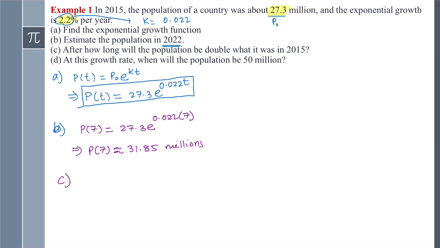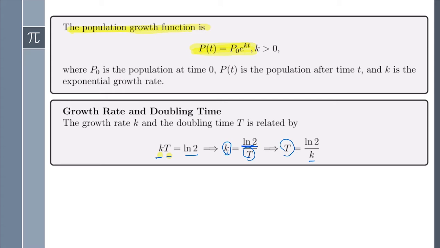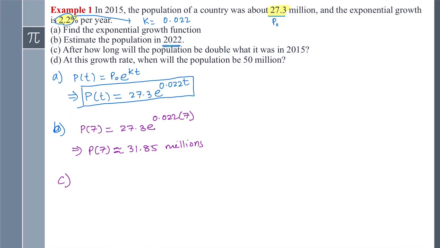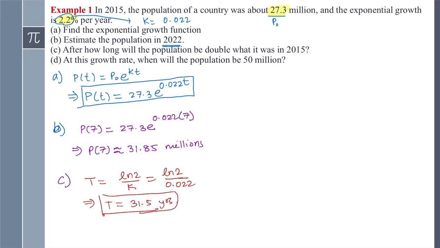We'll just use the doubling time formula we discussed: t equals natural log of 2 over k, where k is 0.022. Putting that into the calculator, we get t equals approximately 31.5. So the population is going to double after 31 and a half years, or if we round to the nearest year, after 32 years.